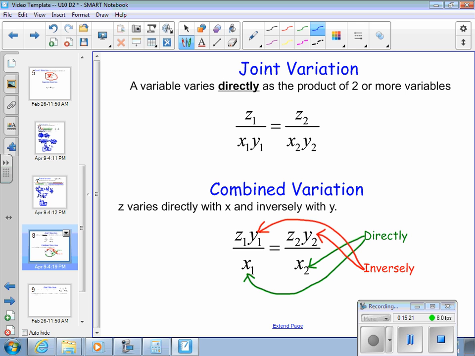And in the case of combined variation, we have a variable varying directly with one and inversely with the other. So the one that it varies directly with is on the bottom of both ratios, and the one that it varies inversely with is on the top of both.